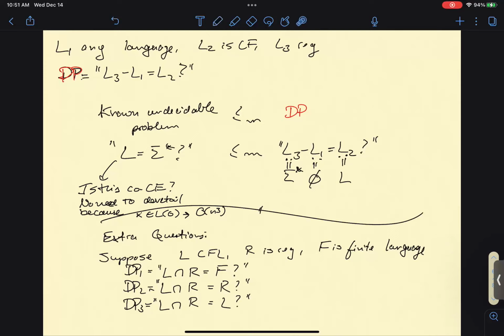So try to solve these. They're better. And the other thing, just some set theory review. If A union B is equal to sigma star, then one of these two things has to be true.